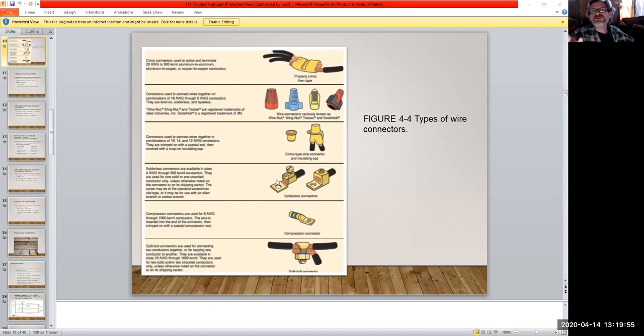So the yellows are smaller, the reds are bigger, and so on. You get varying sizes, but you can only fit so much in. So you always have to take that into account so that you have a good secure connection. And again, once you're done with these, a good rule is to tape it.